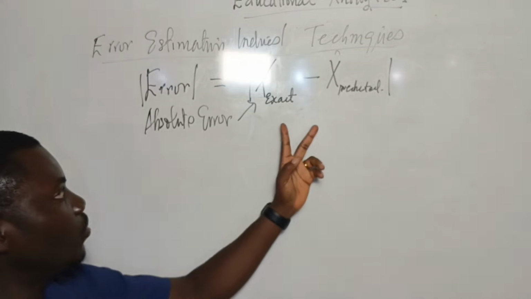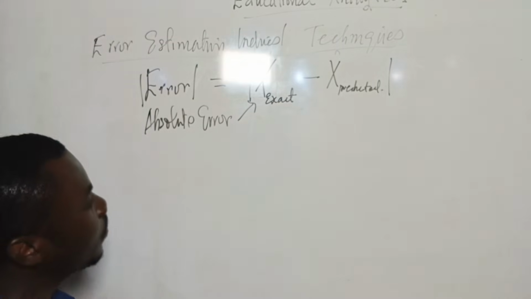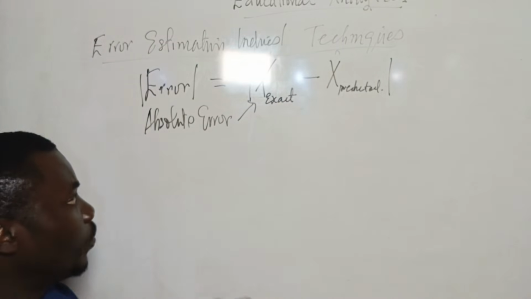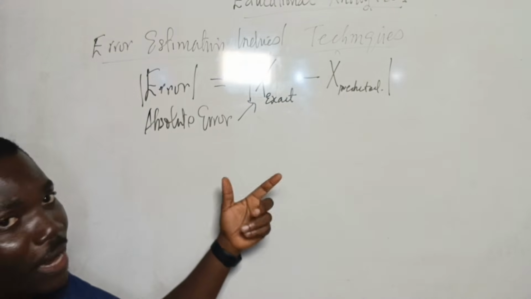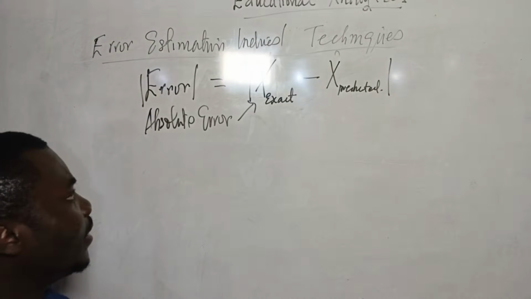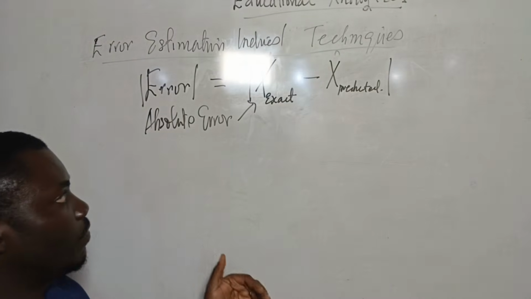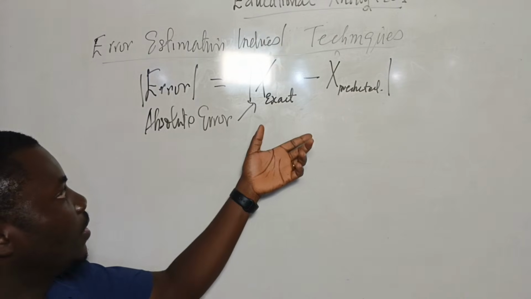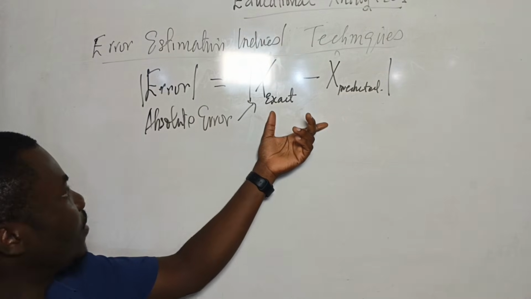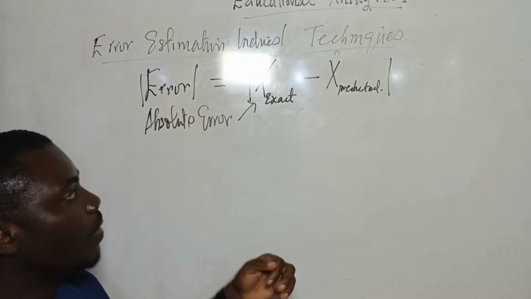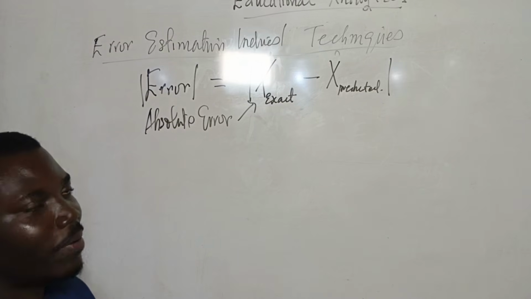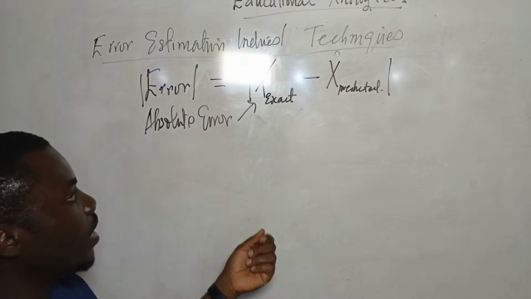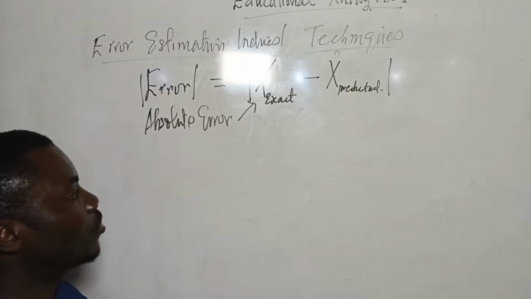Once you introduce the absolute value, we only consider the magnitude of the error. So if you have a very large absolute error, the discrepancy is large, but if you have a small value, the discrepancy is small.